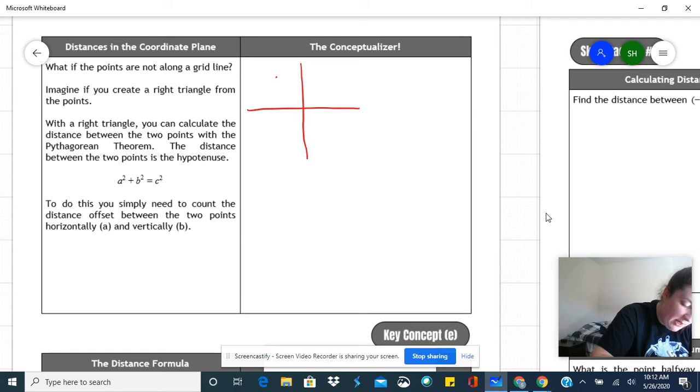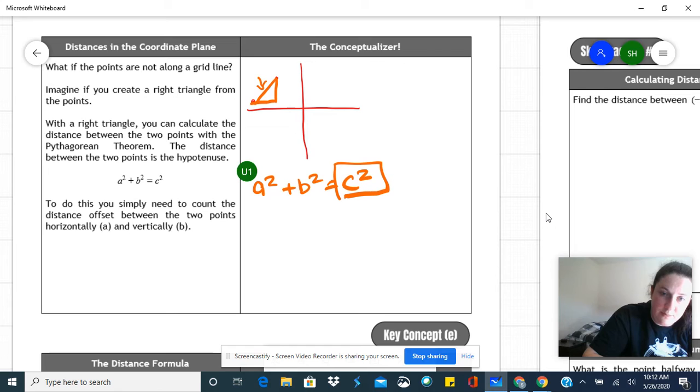So say we have a point here and a point here, and you turn this into a right triangle, you can figure out this distance because we know that a squared plus b squared equals c squared. C squared will be your answer.